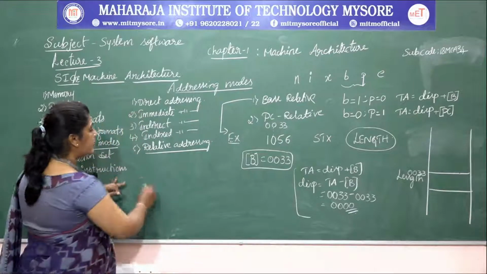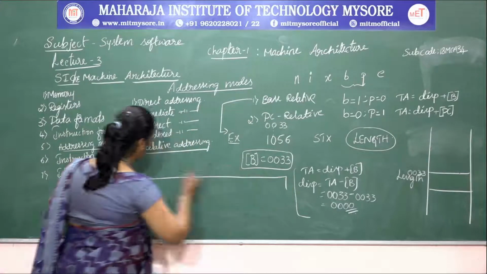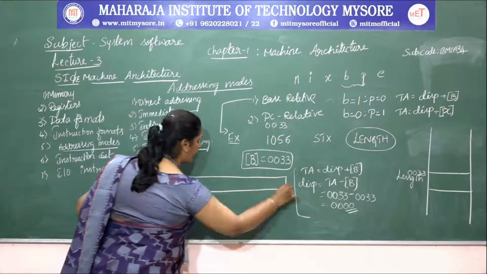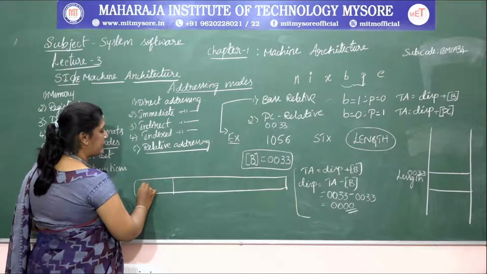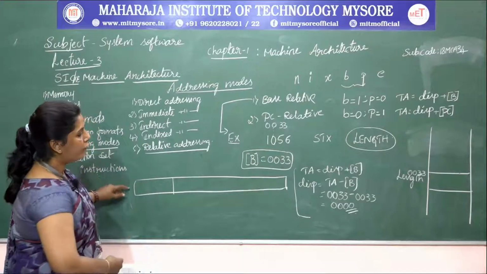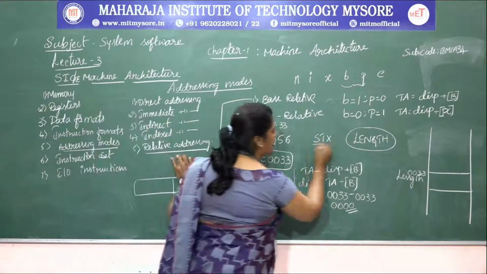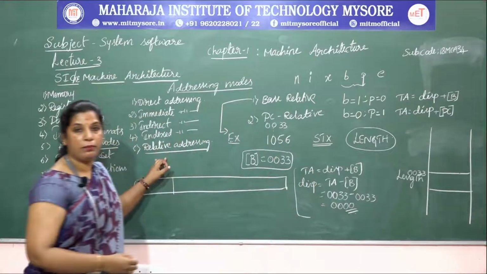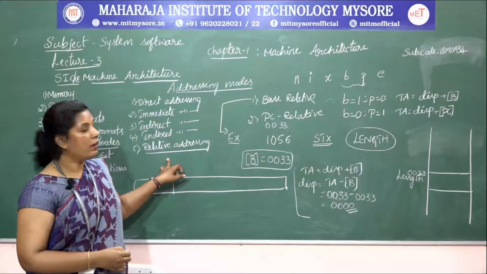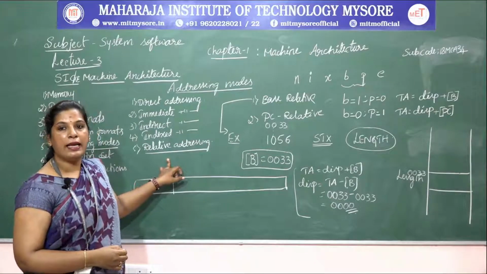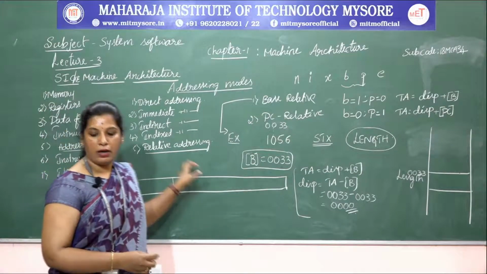So in this case, the instruction format is like this. It is of 24-bit length. The 6 bits are the opcode. The opcode for STX is at page number 470.